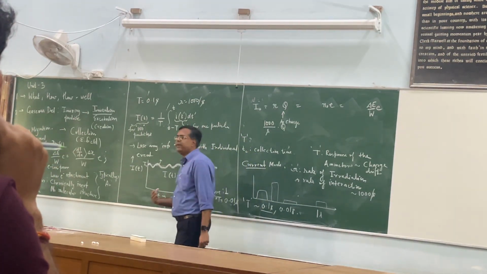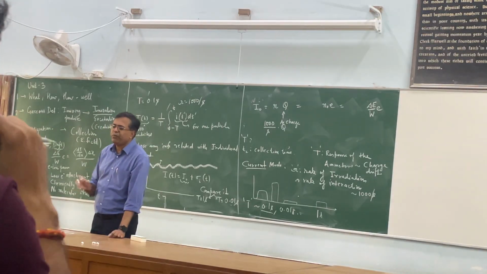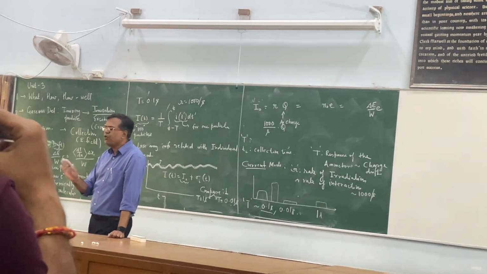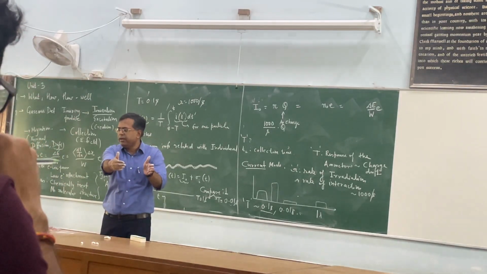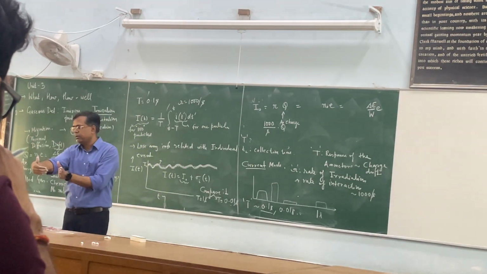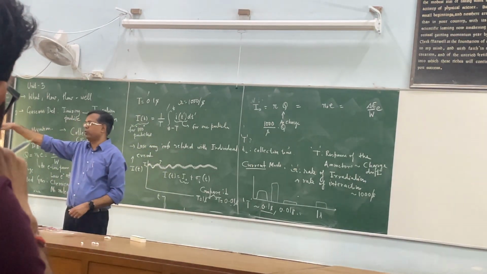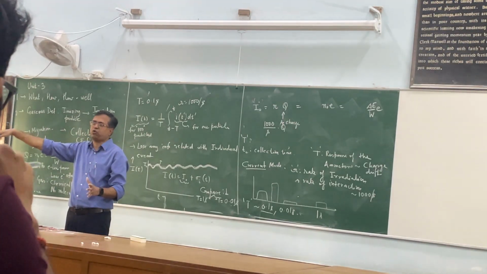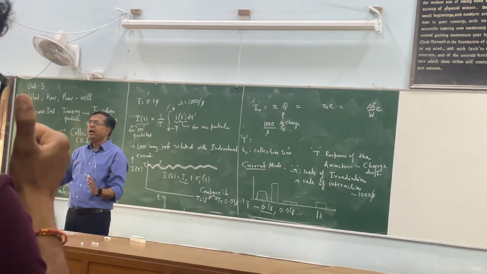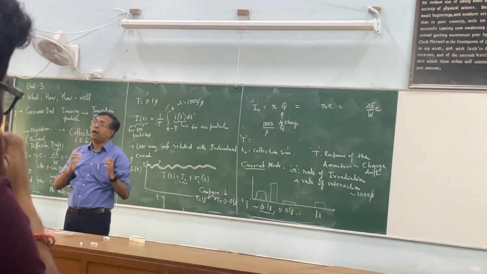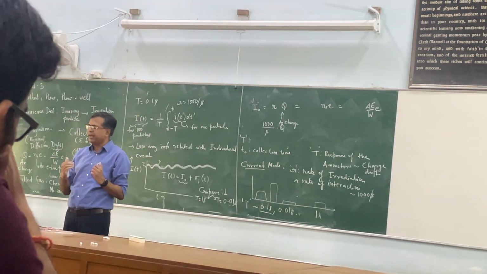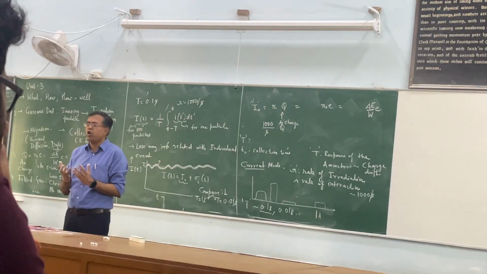If the response time is more, basically what we are saying is, I won't be able to distinguish what happens in the first 1 second, what happens in the next 1 second, because my current has smoothened out. I won't be able to see the fluctuation. I will be able to say that if a large change in the system has happened, the rate is no longer steady state.